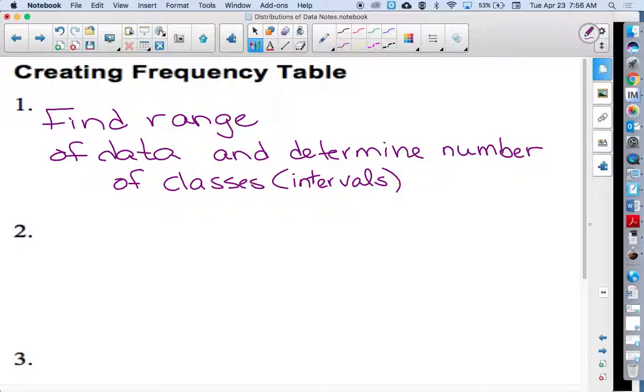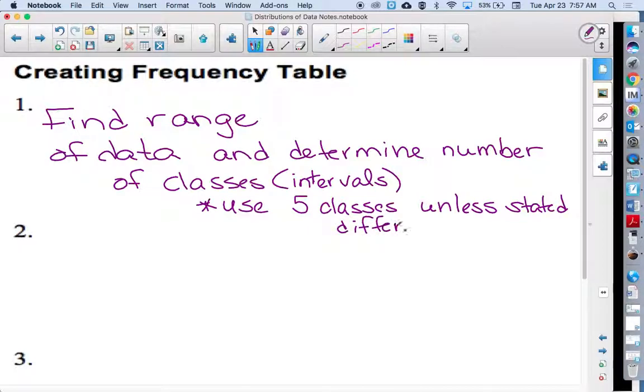Generally, we will use 5 unless otherwise directed. So we'll find the range of the data, the highest minus the lowest, and then we will determine the number of classes, which unless it says 6 or 7, we'll generally use 5. That'll tell you how many bars you have on your chart. So each class is considered a bar.